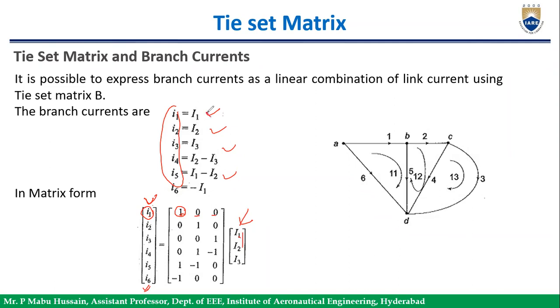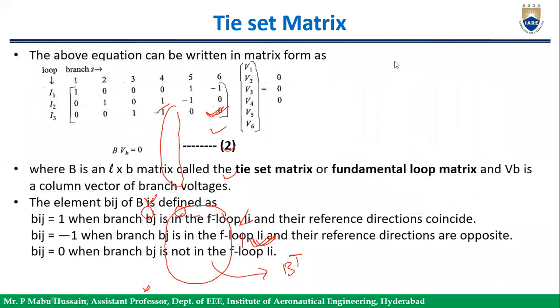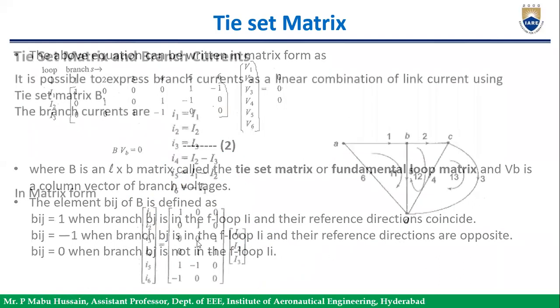You get the same equation. Now all these equations we are representing in a matrix form like this. Here, this is equal to a transpose. We developed B in the previous slide, so if you transpose it, you will get this one.